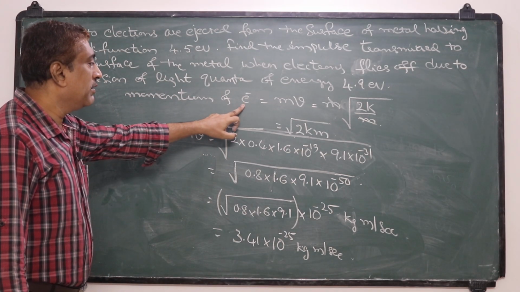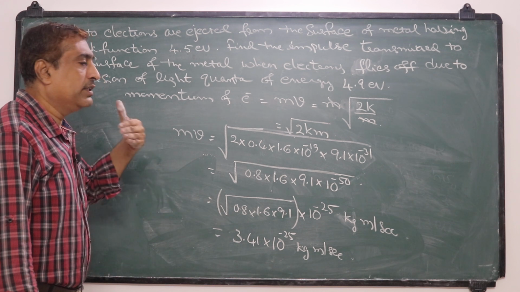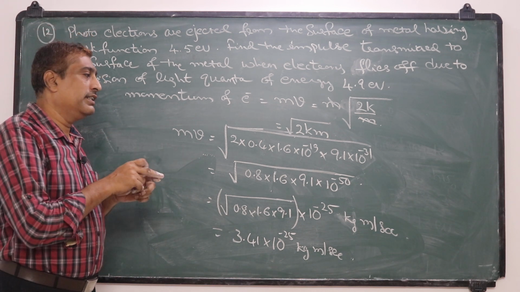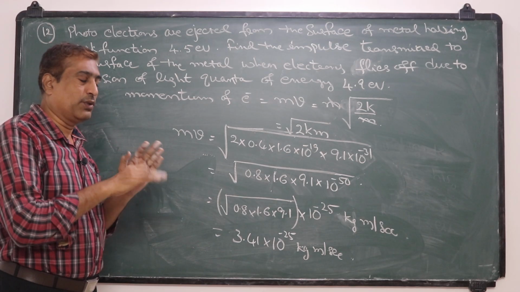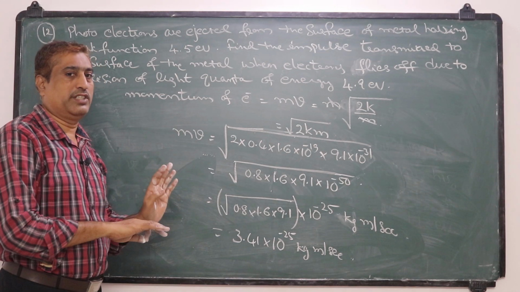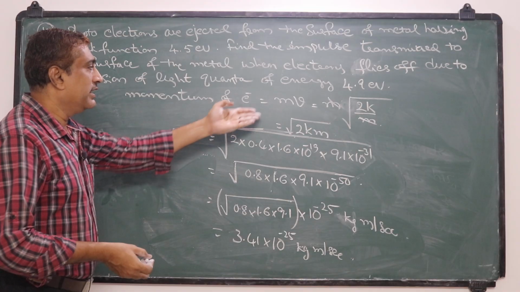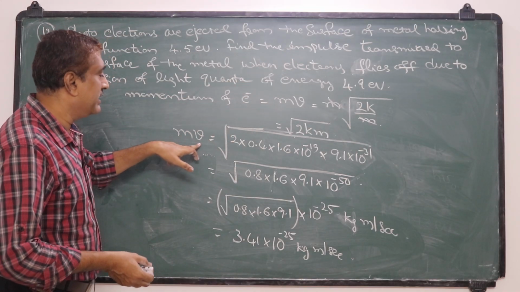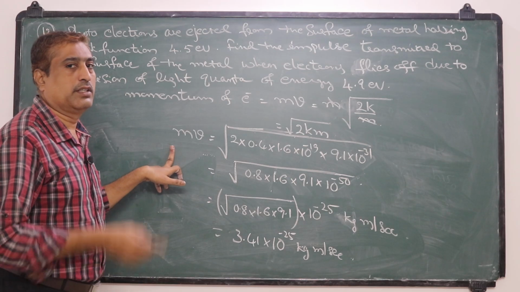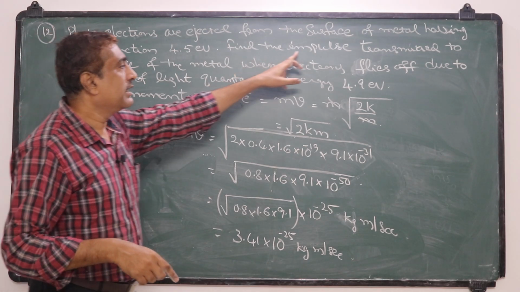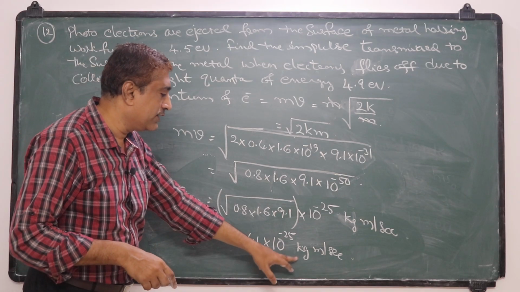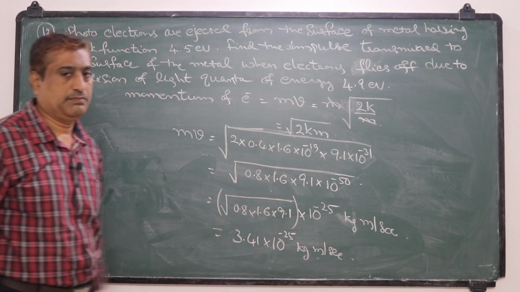This is the momentum of the photoelectron. By the law of conservation of momentum, the total momentum before and after collision is 0. That means the impulse transmitted is the same as the momentum of the electron. So the impulse transmitted to the metal is 3.41 × 10⁻²⁵ kg m/s.